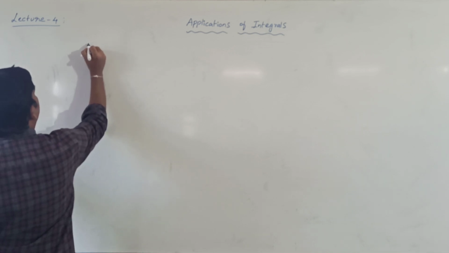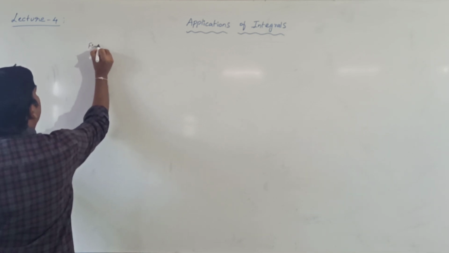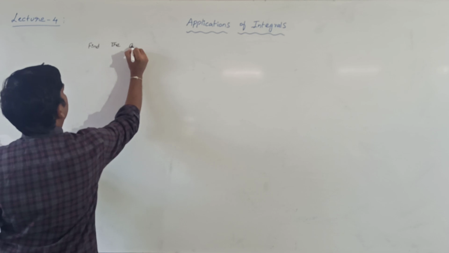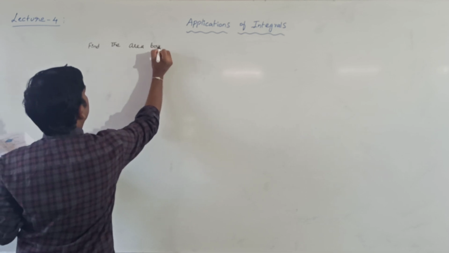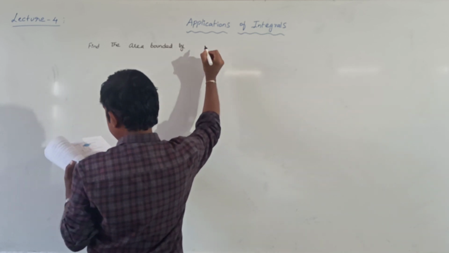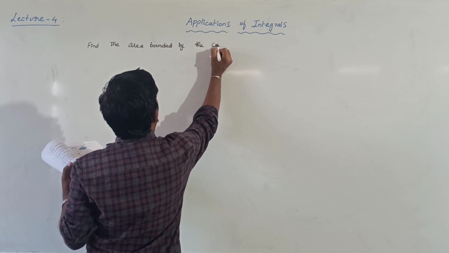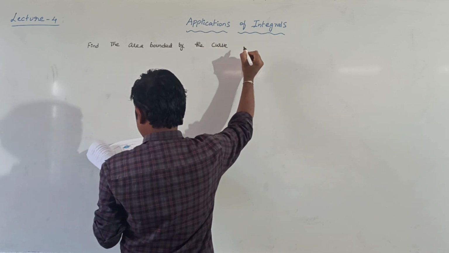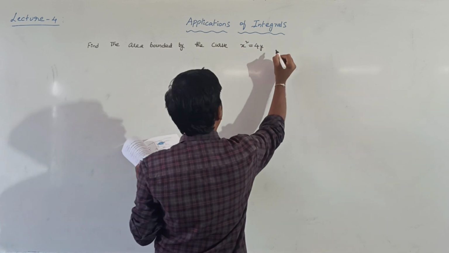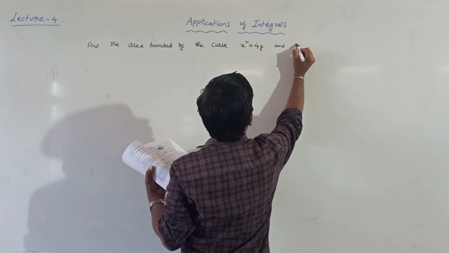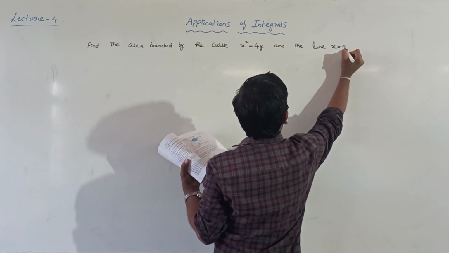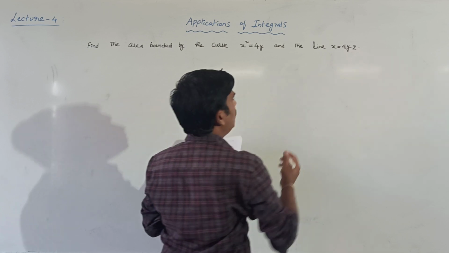Next, one more problem, a 5 marks question, an important one. Find the area bounded by the curve x square is equals to 4y and the line x is equals to 4y minus 2.